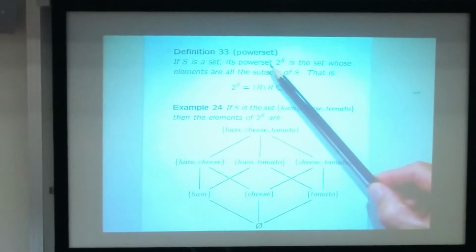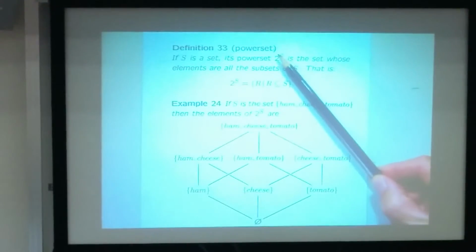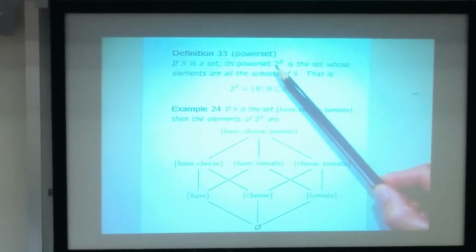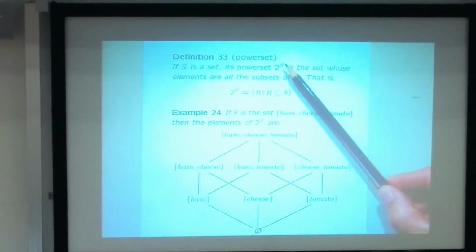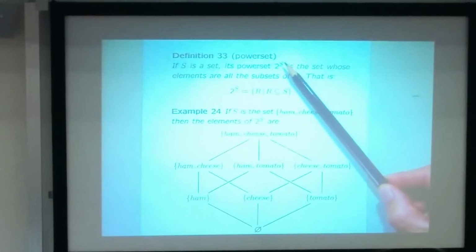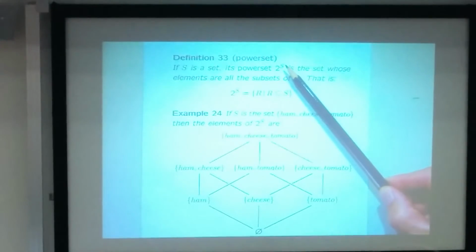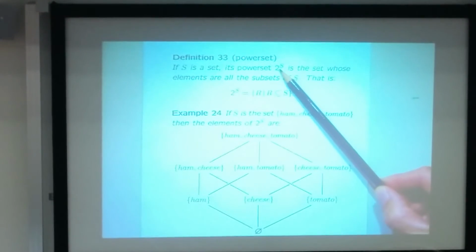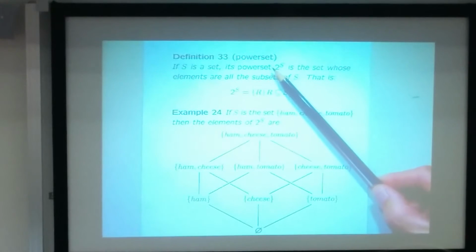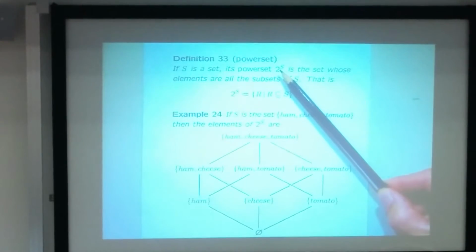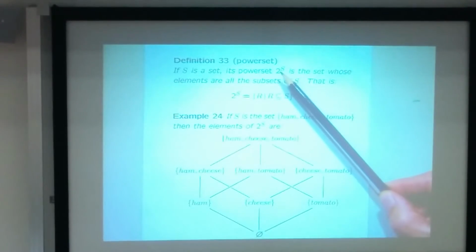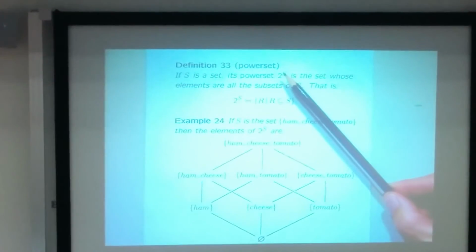So, the power set, and be careful of this, we write 2 to the power S, where S is a set, not a number, it is a set. And when we write that, the value of this expression is also a set, is not a number. Be careful of that, very easy slip to make. So what is this set?